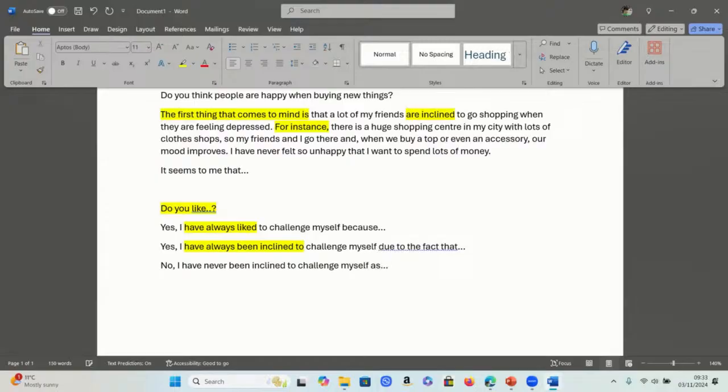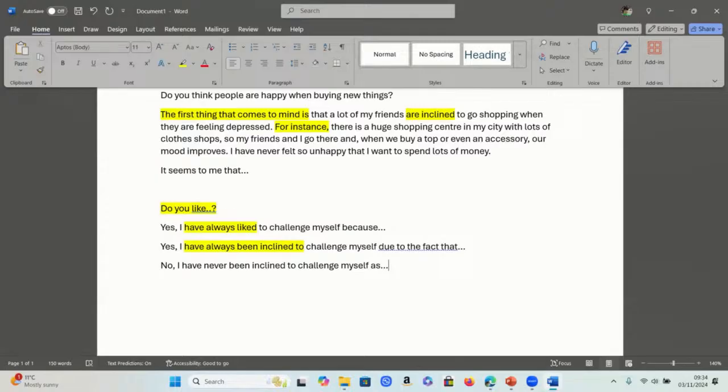So the first one, yes, I have always liked to challenge myself because it's good, it's fine. Why? Because it's a good start because you've got present perfect. The next one, yes, I've always been inclined to challenge myself due to the fact that, it's better because it's the same good start in grammar with present perfect. However, you've improved the vocabulary with inclined to.